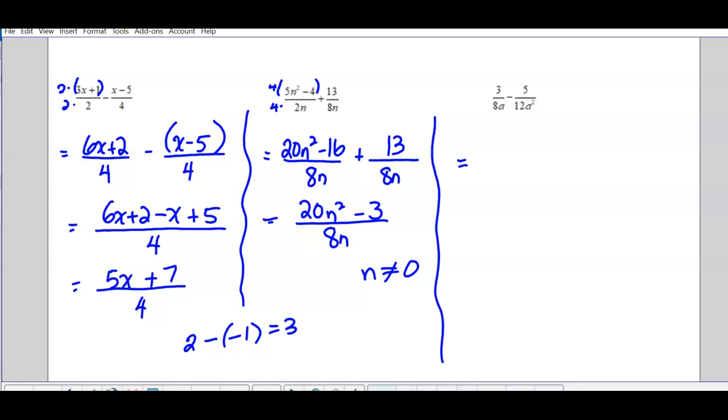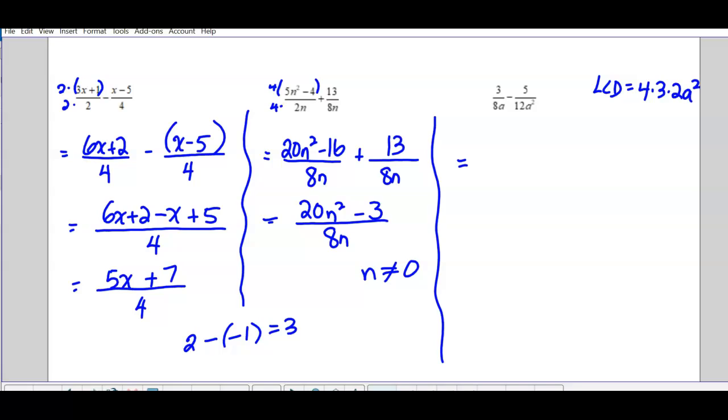Next one. So, nothing to divide out. I always look at the bigger one, bigger degree. So, just within the numbers 8 and 12, we could multiply them together, but that wouldn't be the lowest. Your lowest common denominator would be, thinking about that, we have 4 in common, and we need a 3, this is 4 times 3, this is 4 times 2, so I need 4 times 3 times 2, which is 24, and then I need a squared.